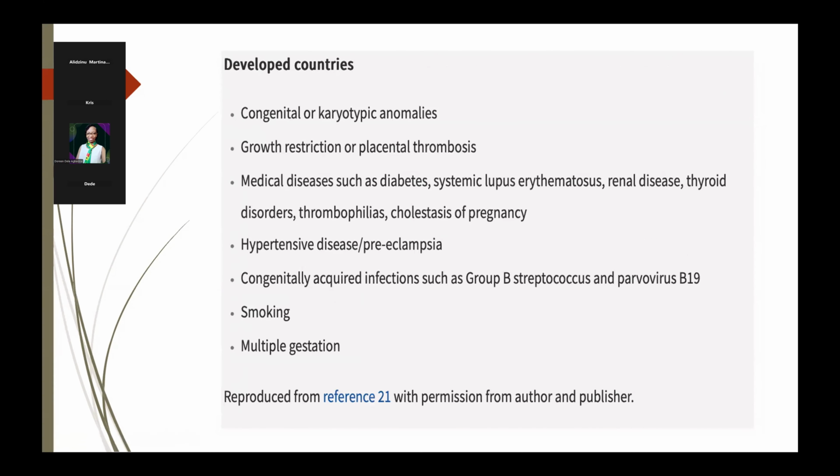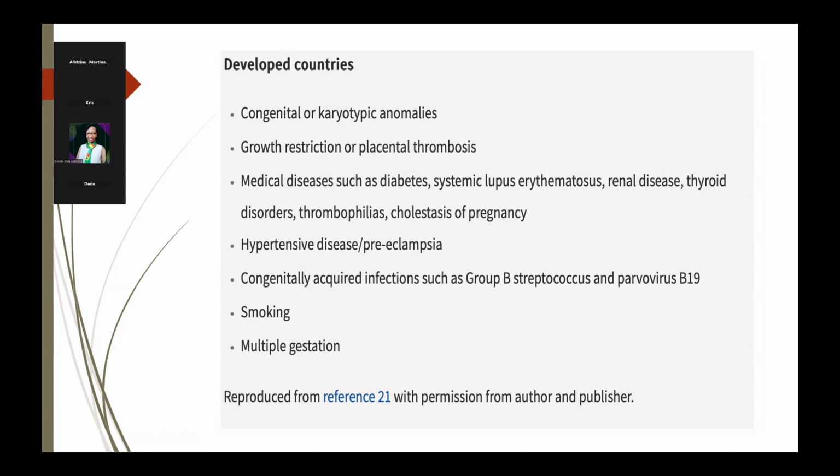In developed countries, the risk factors are limited to congenital malformations, chromosomal anomalies, growth restriction, medical diseases like diabetes and renal diseases, and then hypertensive diseases, which cut across all populations, and congenitally acquired infections as well.